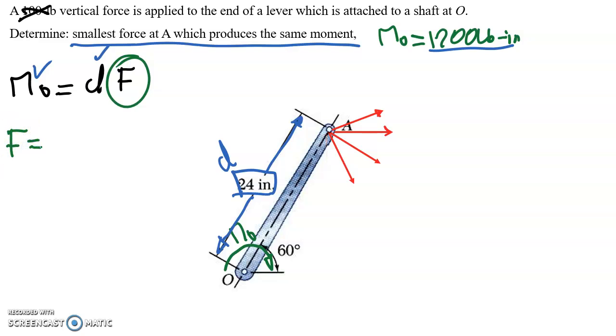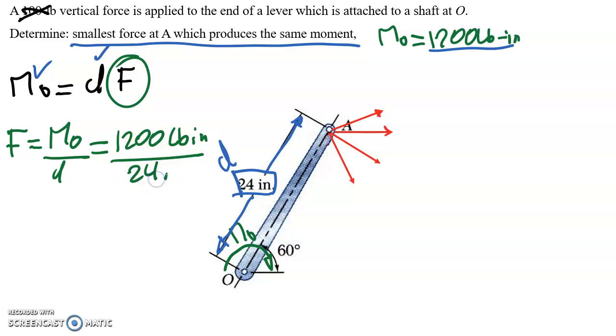Force equals moment about O over distance, which is 1,200 pounds inches over 24 inches. That's going to give us a total force of 50 pounds.